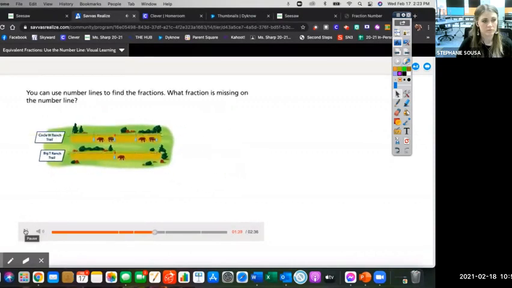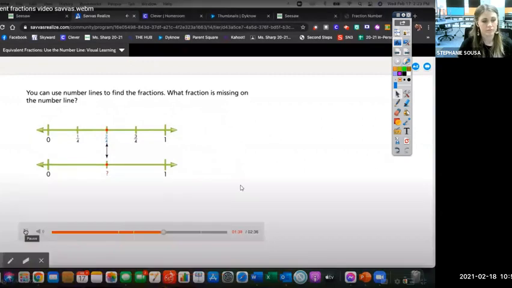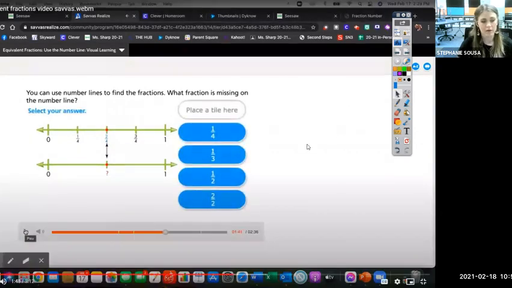You can use number lines to find the fractions. What fraction is missing on the number line? What is missing here? Select your answer. 1/4, 1/3, 1/2, 2 halves. What is missing?